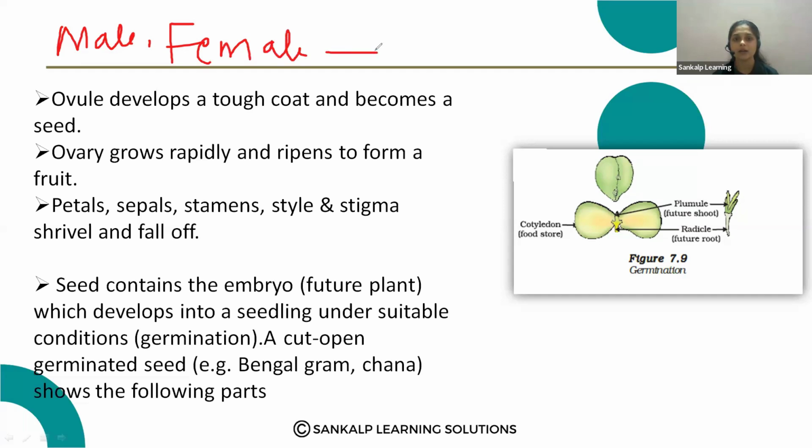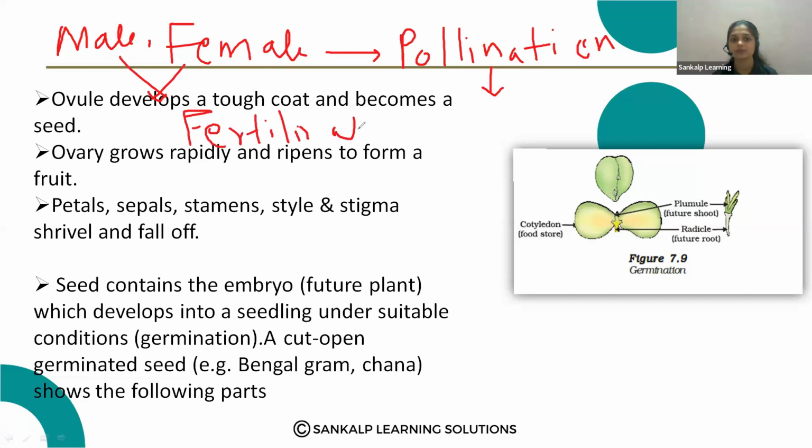These male and female gametes come together through the process of pollination. Pollen grains transfer to the stigma of the flower by the process called pollination. After the pollination, what happens? Male and female gametes will fuse, that is called fertilization.